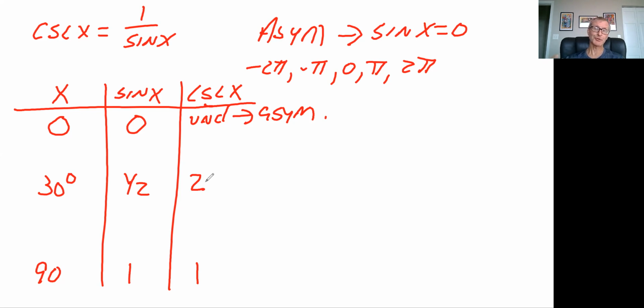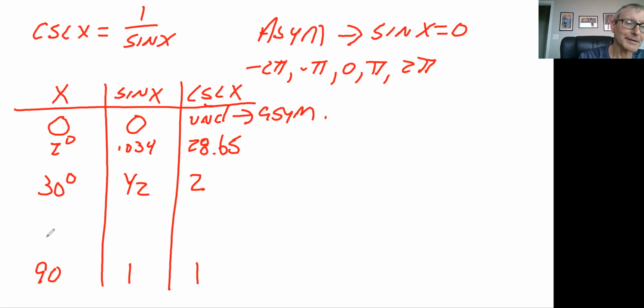So let me just show you a couple other examples. Say you pick the number 2 degrees. Well, what is 2 degrees sine-wise? Here you need your calculator. So sine of 2 degrees is 0.034. And if you take the inverse of that, or flip that, you get 28.65. So you see how cosecant is blowing up in that direction, right?